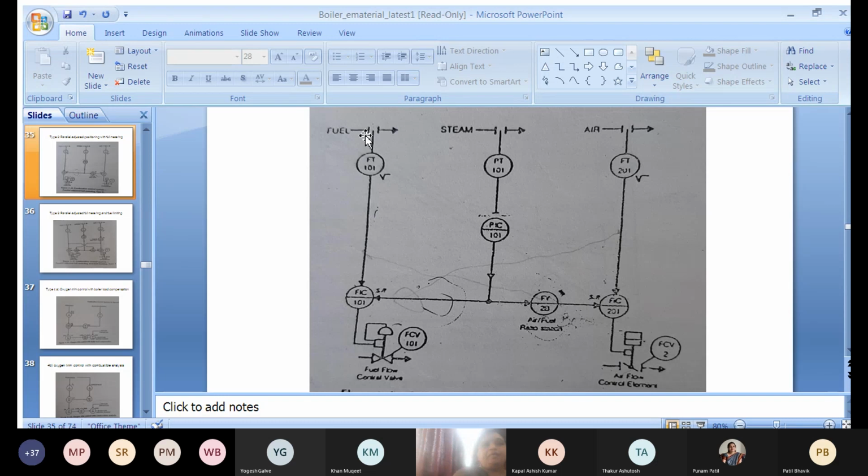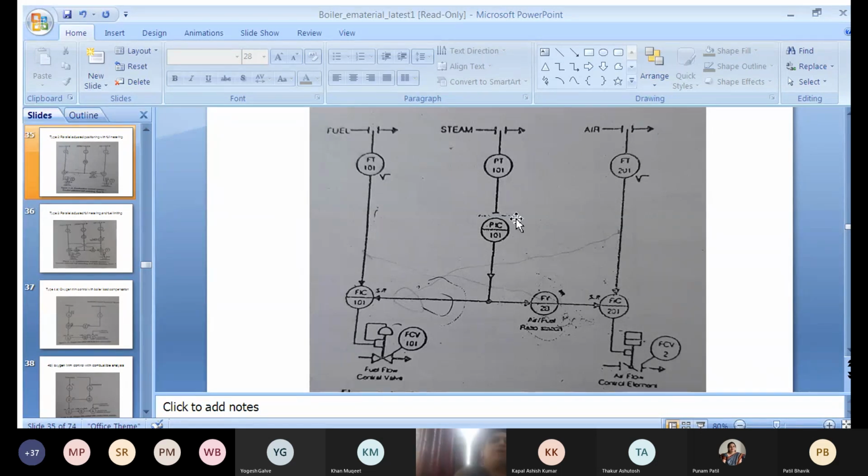So here the fuel line and air line, these two lines are connected to the combustion chamber. The drum header, which is called the steam supply line, is shown over here. The fuel flow control valve, the control valve in this fuel line, is shown over here. Similarly, the air flow control valve is shown over here, and these two lines are connected to the combustion chamber.